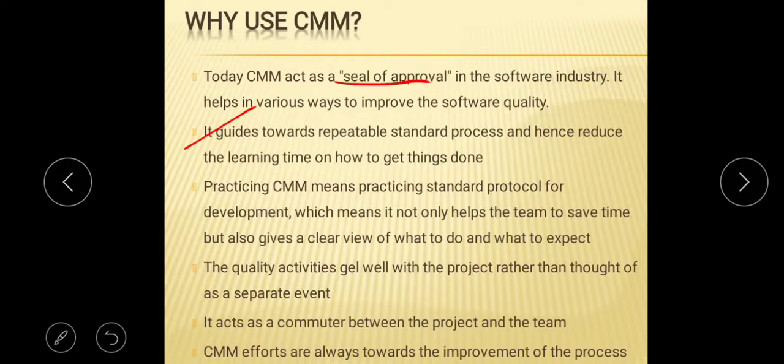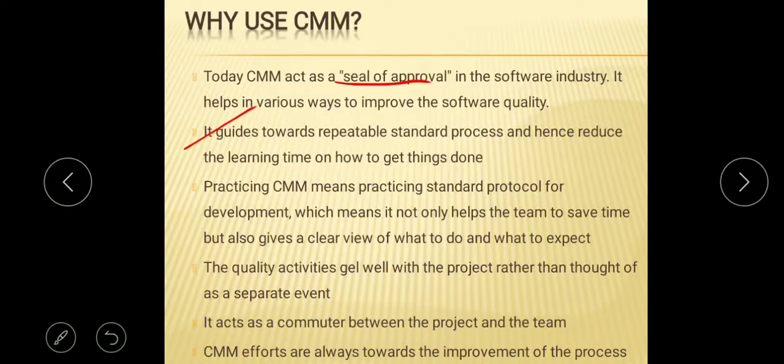Practicing CMM means practicing standard protocol for development, which means it not only helps the team to save time but also gives a clear view of what to do and what to expect. The quality activities gel well with the project rather than thought of as a separate event.